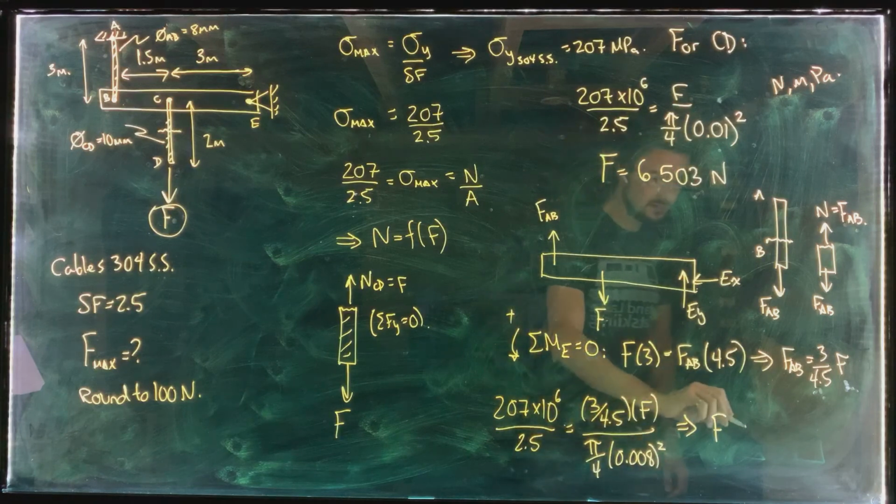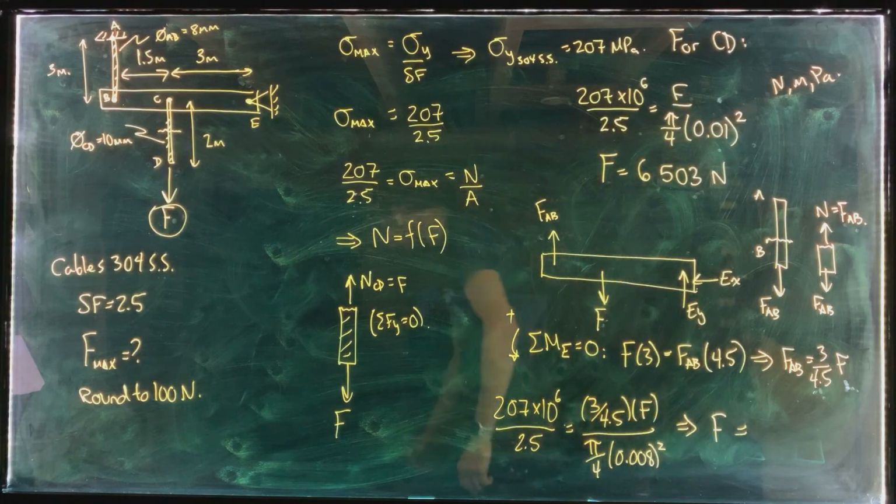Okay, and that gives us a value of F. Now, let's just take a second and do that calculation. So we've got 207 times 10 to the 6 multiplied by pi multiplied by 0.008 squared divided by 2.5 times 4 there times 3 divided by 4.5.